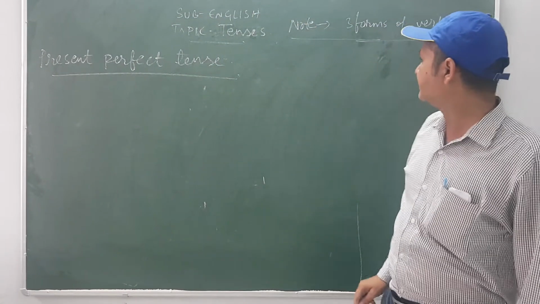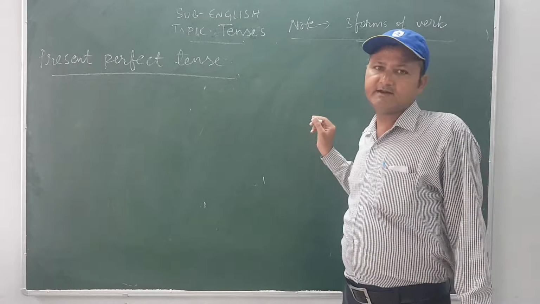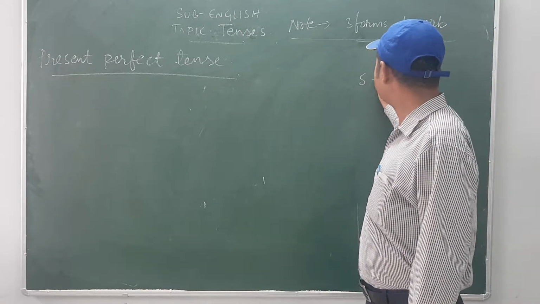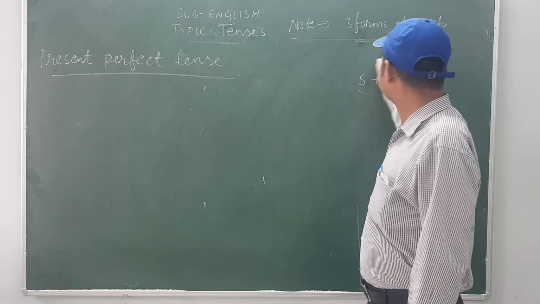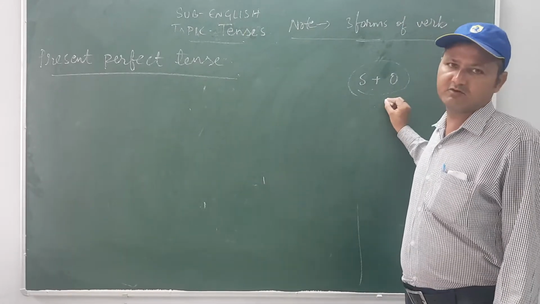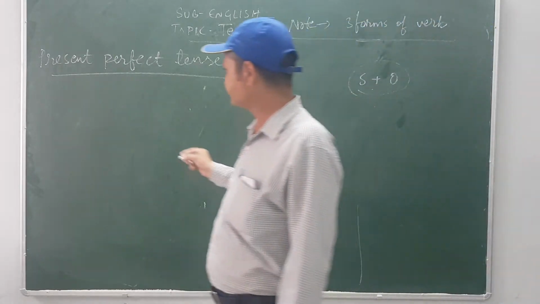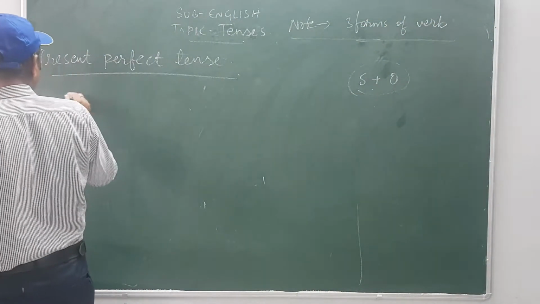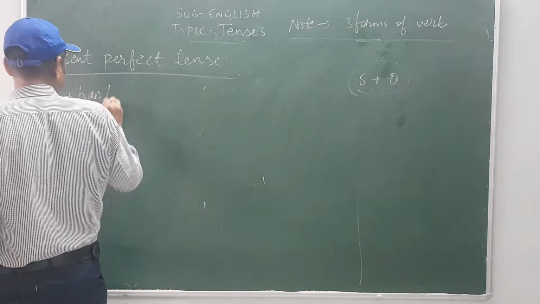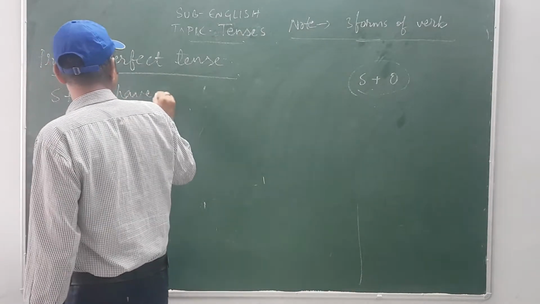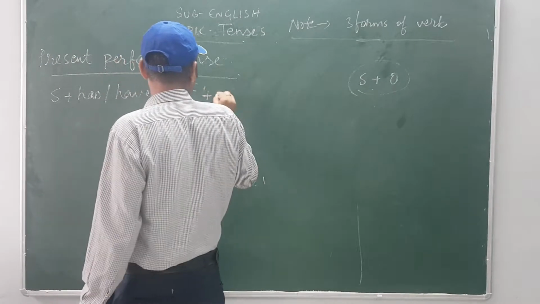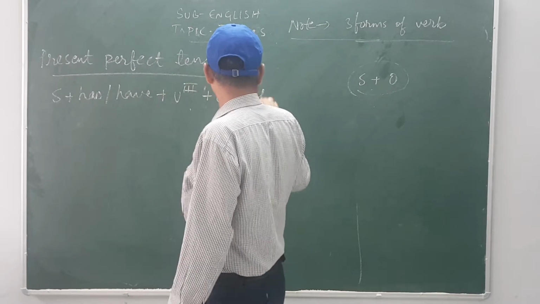Just now I told you that in each and every tense and in each and every sentence, subject and object will be the same. There will be no change in the subject or object. Now, the format of the present perfect tense is subject, has, have, third form of verb, object in the affirmative sentence.